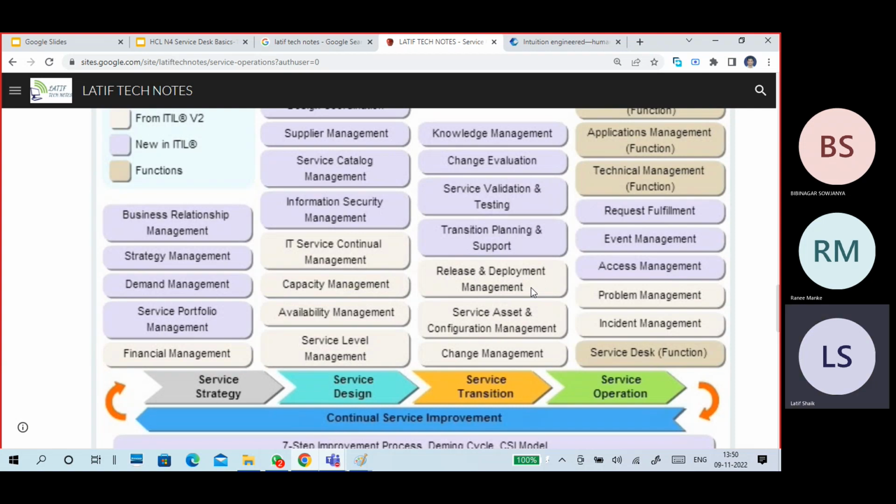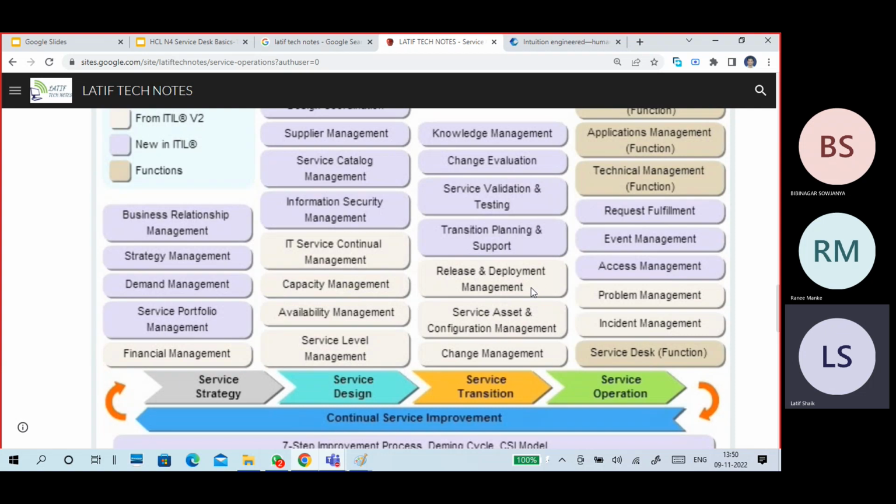What is release and deployment? Once everything is designed and built according to the plan and the build is completed, the next level is releasing. Building is completed, and then we are ready to give it to the customer. That is called a release. Deployment means given to the customer.